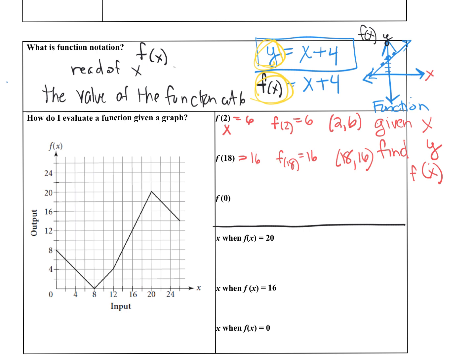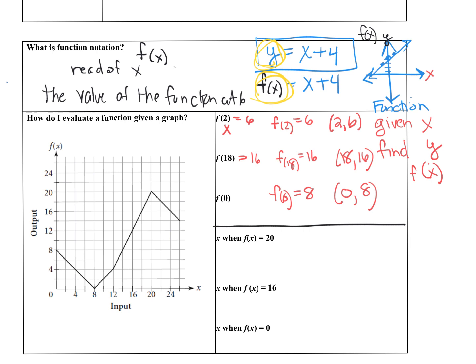When x is 0, right here, no right-left movement, just right there, what is the corresponding y value? So we go up to where it intersects and we read over, and that is 8. So we could say the value of the function when x is 0 is 8. That is also the ordered pair 0, 8.